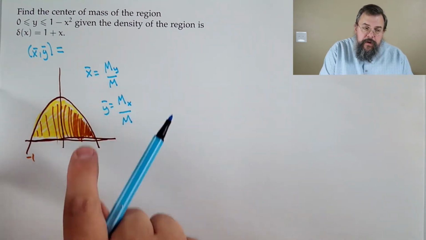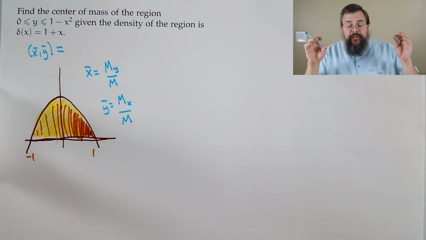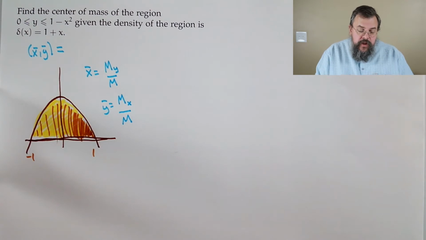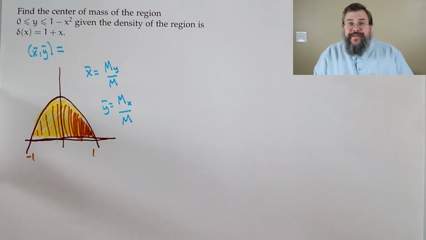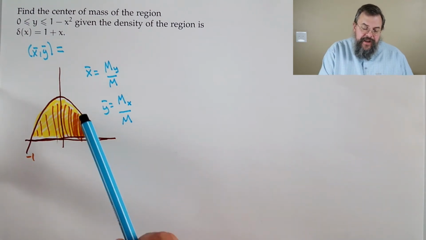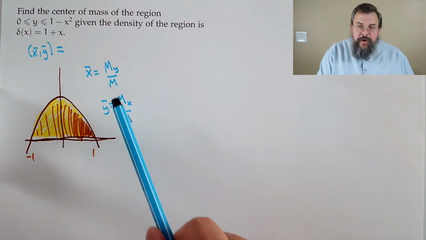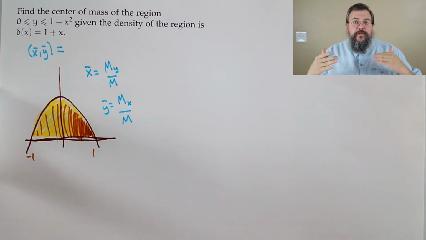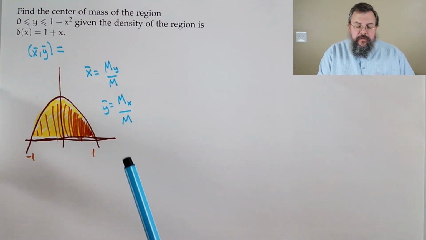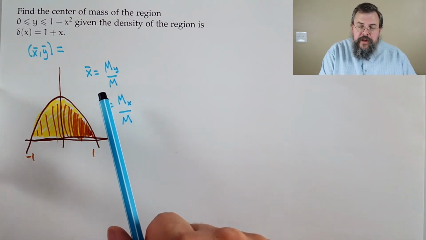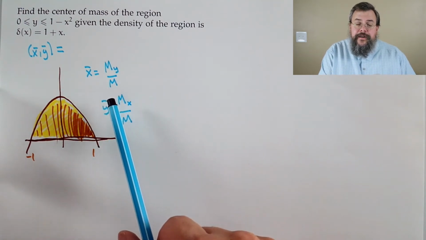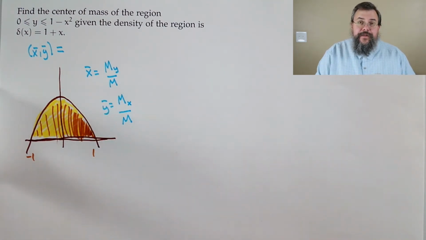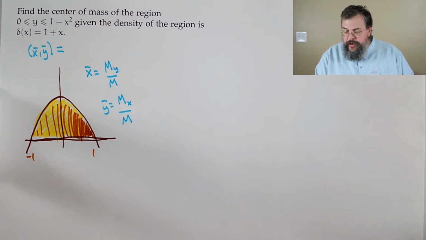Think of x bar and y bar as the average x and average y. And of course, there's that strange notation: this is an x, but that's a y. Why do they switch? Well, think about the roles being played. When we talk about moment with respect to y, we're asking how far you are from y, and the answer is x. So that's why you have that situation going on.